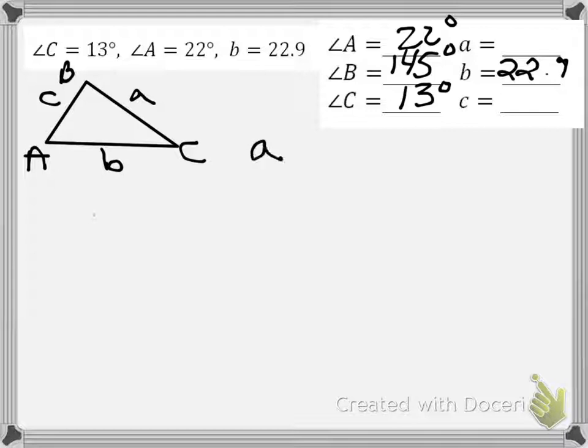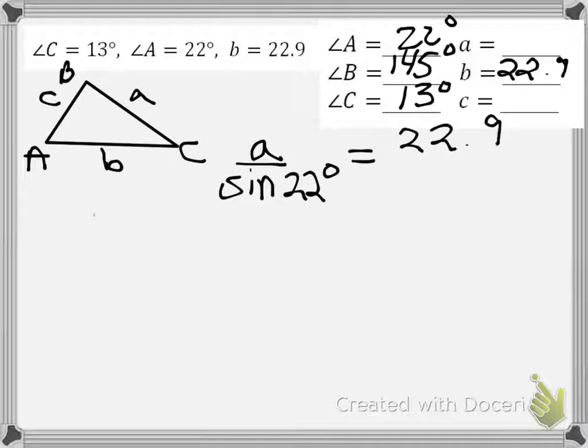So side A over sine of 22 degrees, because that's angle A, is equal to side B, which is 22.9, over sine of angle B, which is 145 degrees.